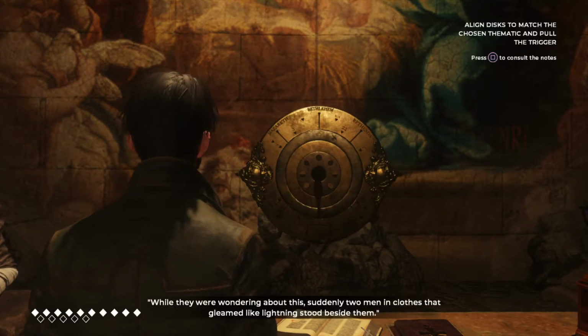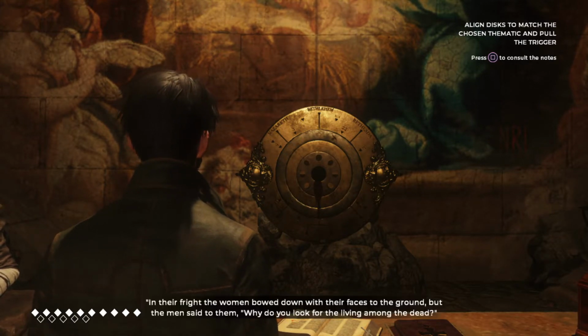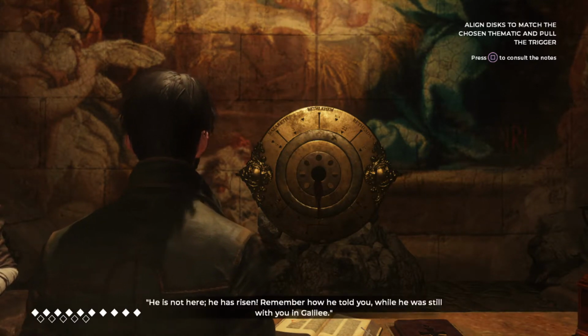While they were wondering about this, suddenly two men in clothes that gleamed like lightning stood beside them. In their fright, the women bowed down with their faces to the ground. But the men said to them, "Why do you look for the living among the dead? He is not here. He has risen. Remember how he told you while he was still with you in Galilee."